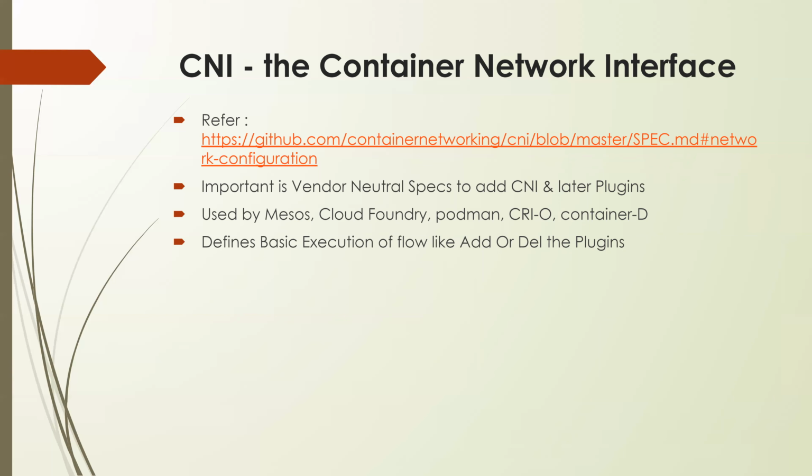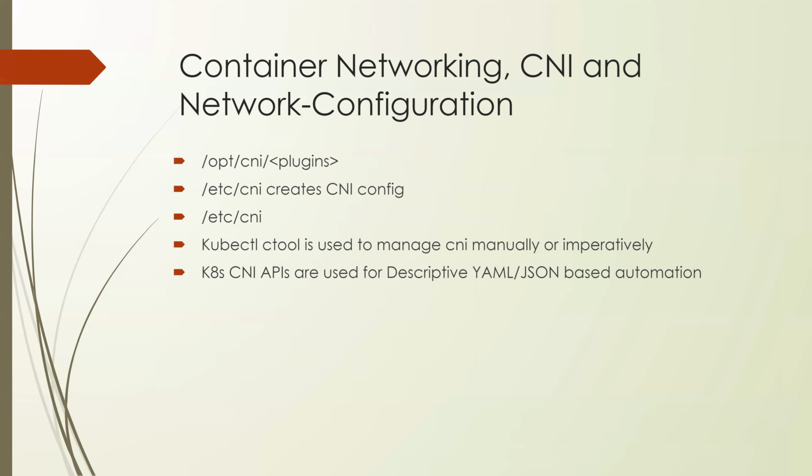So the basic thing, it defines the execution flow of add and delete of the plugins. So what are the plugins? Generally, if you look at Linux, the opt/cni will have all the plugins stacked up. Then when you run the configuration, /etc/cni/net.d gets created, with whatever the name of that plugin, plugs in there, and the configuration is available.